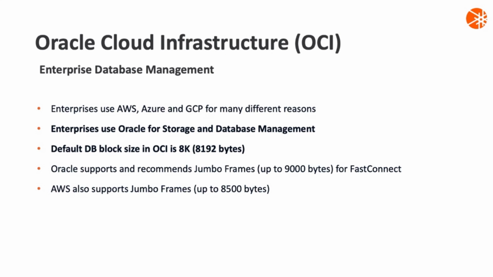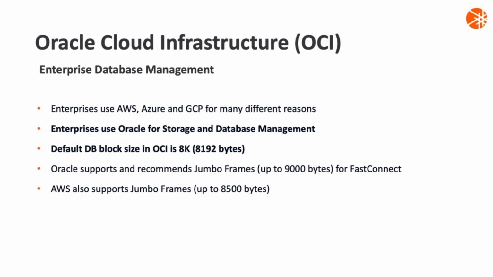And imagine connecting to OCI using 1500 byte frames. What does that mean? That means you have to chop up your 8K byte blocks into 6 frames, and then your database hosts have to reassemble those frames. So it's very inefficient to traverse the internet or a network that only supports 1500 byte frames.